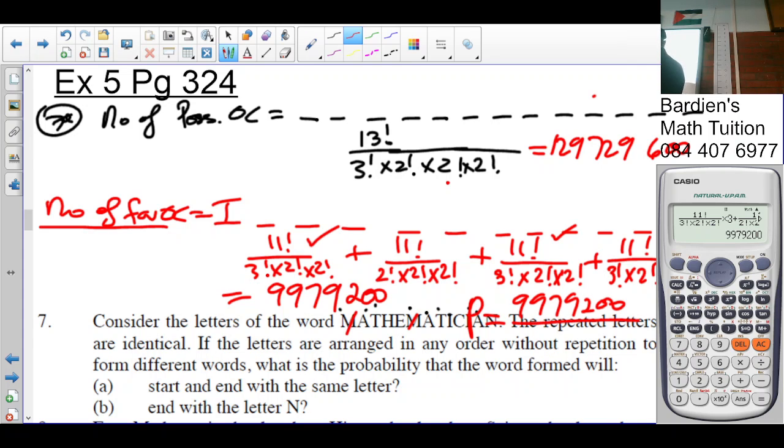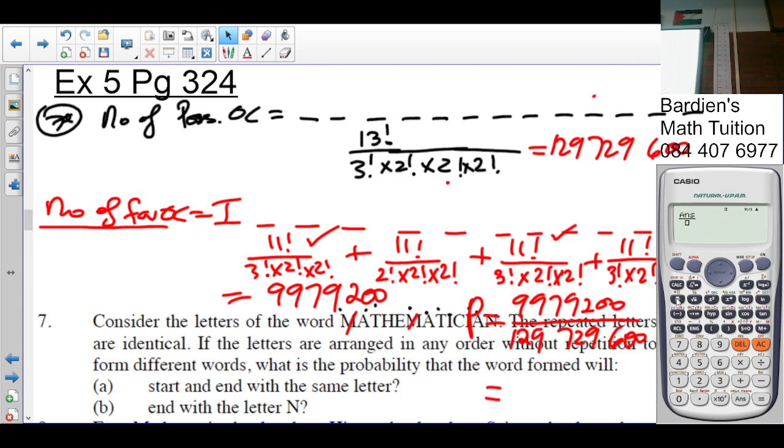over the number of possible outcomes, which is 129,729,600. So that would simply be the answer over 129,729,600, which is 1 over 13. And what do they have?